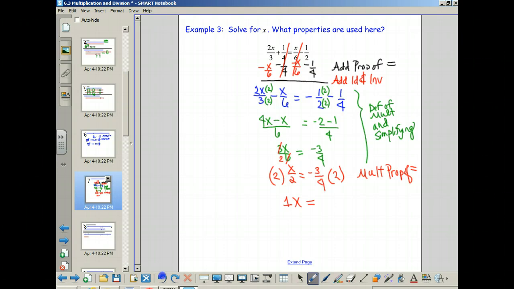So I've got 1x, and that's the multiplicative inverse property. On the right-hand side, I end up getting negative 6 over 4. This 1x becomes x, that's the multiplicative identity property. And on the right-hand side, I end up with negative 3/2 by simplifying.